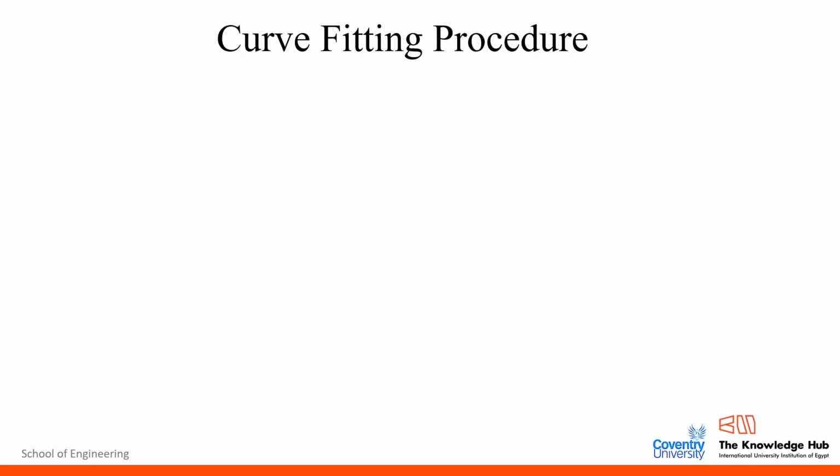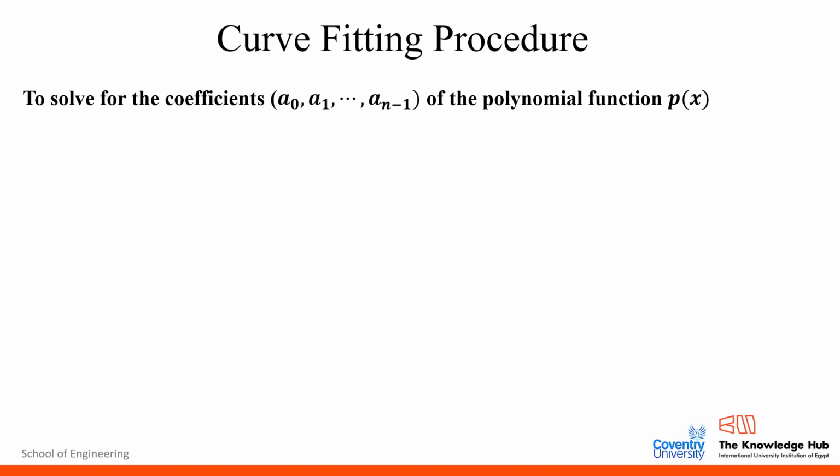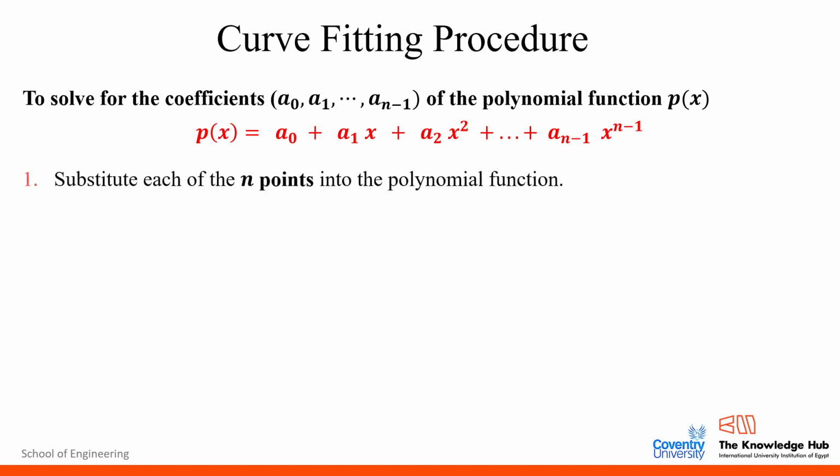Okay, let me show you the procedures that must be followed while getting the function of a curve. Here, to solve for the coefficients of the polynomial function, first you need to substitute each of the n points into the polynomial function.